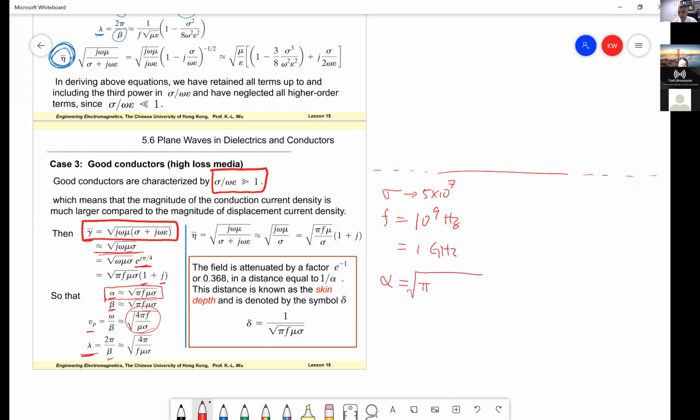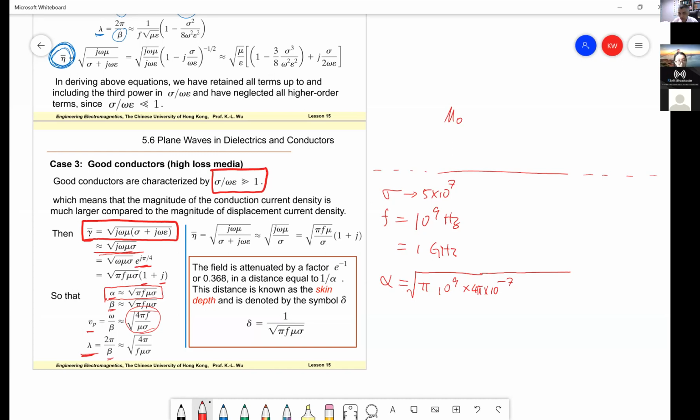Pi frequency is... then this is 4 pi times 10 to the power of -7, right? Tansha, can you check the mu there?